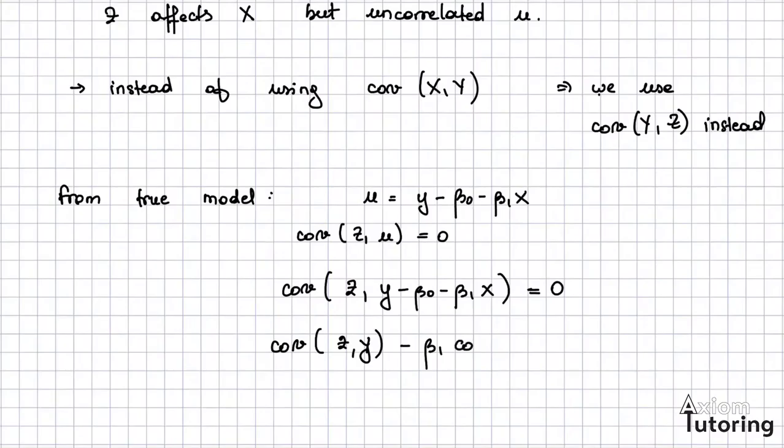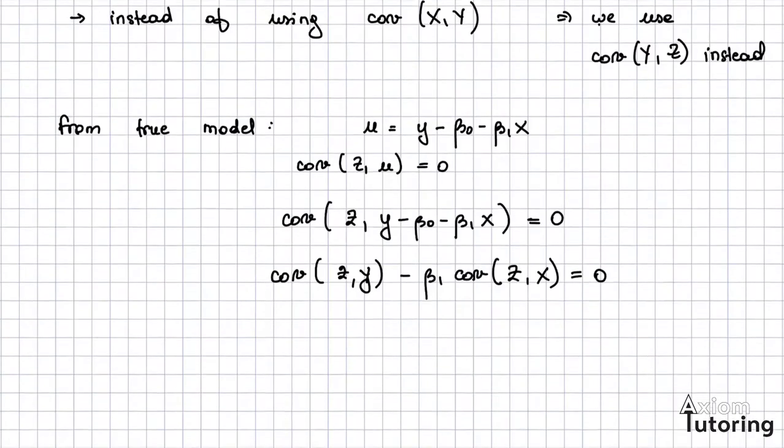So beta 1 covariance of z and x. This needs to be equal to 0, okay? Rearranging it, we're going to have beta 1 being equal to the covariance of z and y divided by the covariance of z and x, okay?